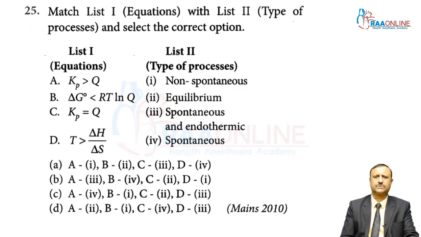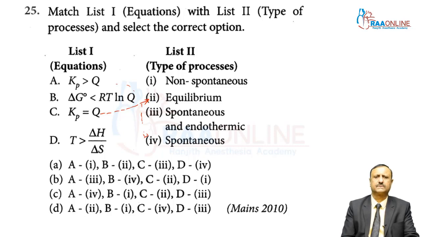Now we can see question number 25. Match the type, list 1, list 2. Here Kp is equal to Q for equilibrium, so you can go to 2. Now here we can see the spontaneous reactions. For a spontaneous reaction, Kp is greater than Q, so the spontaneous reaction can proceed.